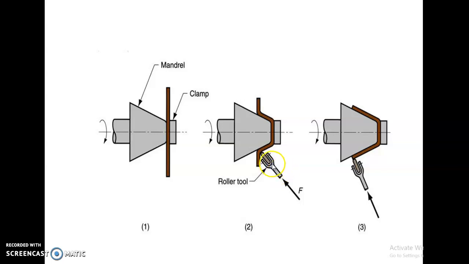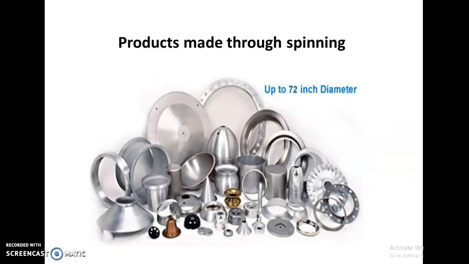Using the roller tool on the outside of the disc, it takes the shape of the male form. This is the final process. It takes the complete shape of the mandrel or male form. This is called metal spinning.